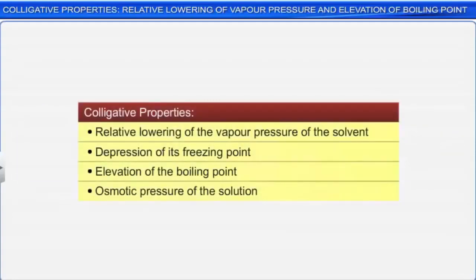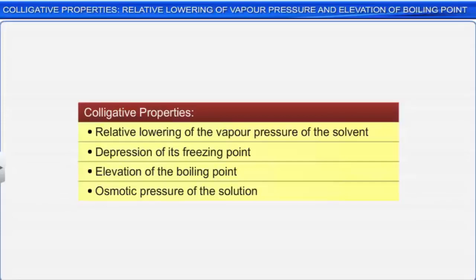Solutions containing non-volatile solutes exhibit the following colligative properties. Relative lowering of the vapor pressure of the solvent, depression of its freezing point, elevation of the boiling point, osmotic pressure of the solution. These properties provide methods for the determination of molecular masses of the dissolved solutes.